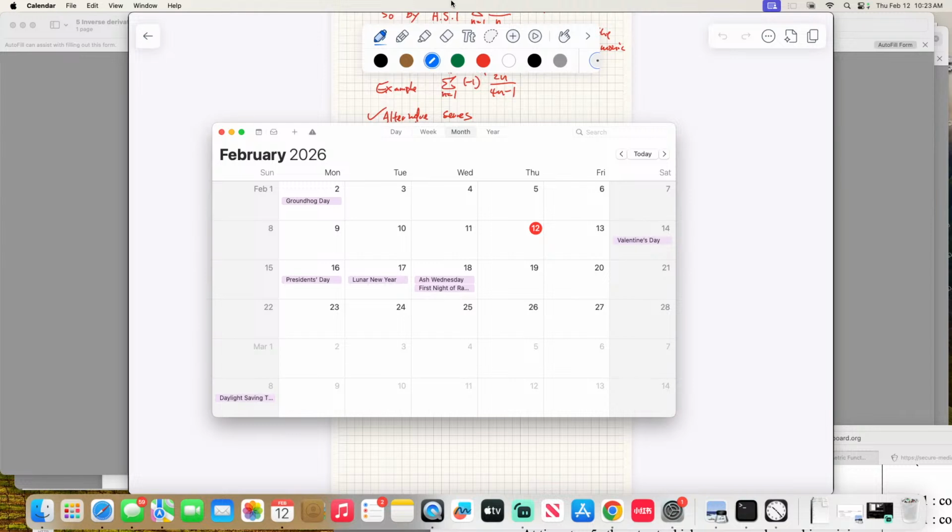This is the graph of arctangent. And what did you get from the... I got infinity minus something.